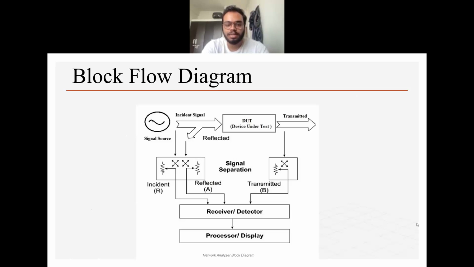These three signals are then sent to the detector, where the powers of these three signals are detected, and then these three scattering parameters, that is, the reflected, incident and transmitted signals, are sent to the processor, which converts them into permittivity using various numerical conversion methods. The final output is a graph with y-axis as permittivity and x-axis as frequency. So the final output is displayed.